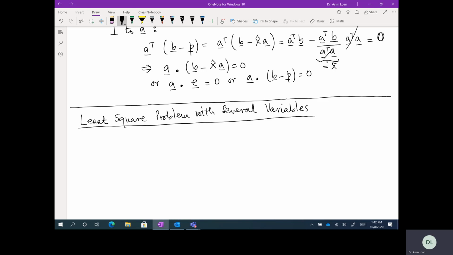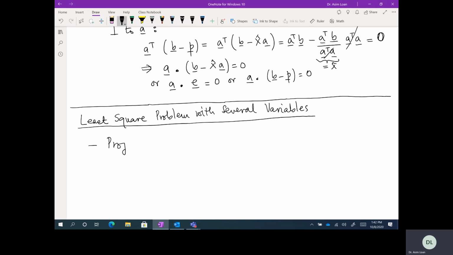So now we project B onto a subspace where A is not a line, but A is a matrix with a number of equations greater than the number of unknowns.